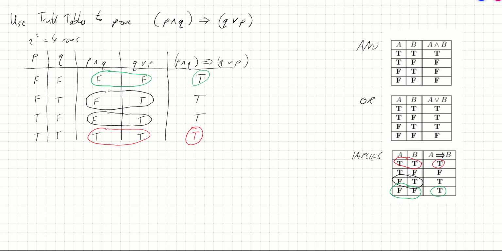Okay, and now if you look at our main truth table, notice that our final column is just T's, so everything is true. And that's it. If we end up with a truth table where everything is true at the end, then we've completed our proof.